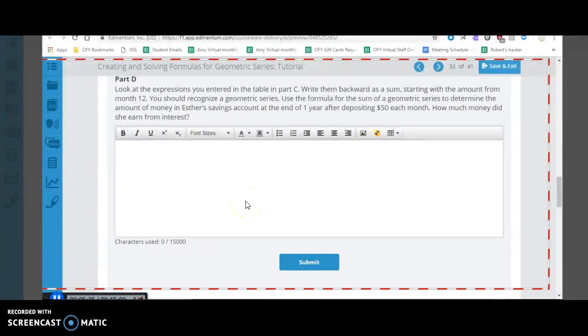Okay, so like I just said, A is 50. So the sum of 12 terms is equal to, we're starting with 50, our rate is 1.003, K, now K is starting at 0, right, because that was our last thing in our table, the exponent was 0, and we're going up to 11 because that was the biggest exponent in our table.